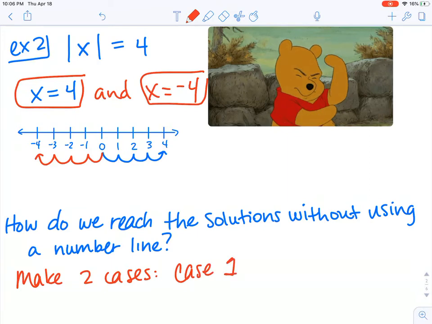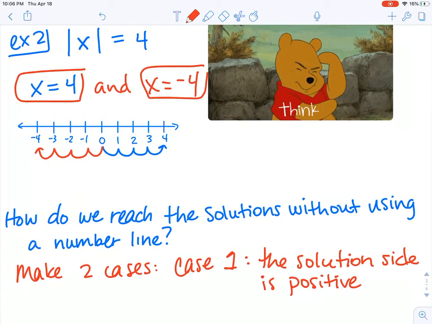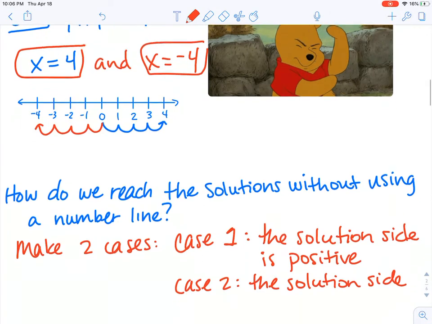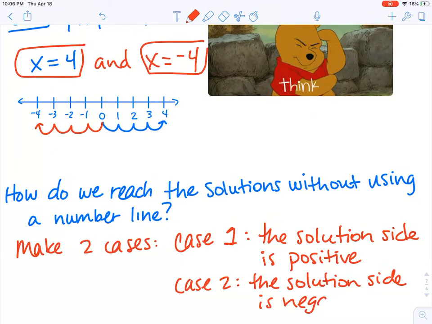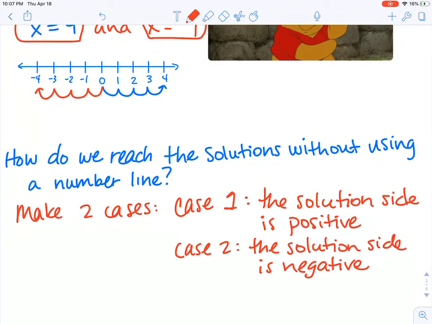Case 1, the solution side is positive, and in case 2, the solution side was made negative. So each time we need to solve an absolute value equation, we need to make two cases. The first case is when the solution side is positive, and the second case is when the solution side is negative.